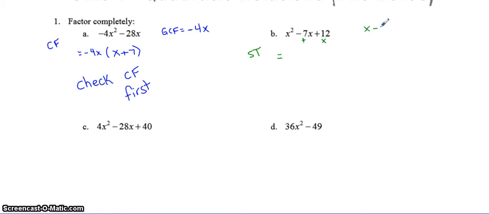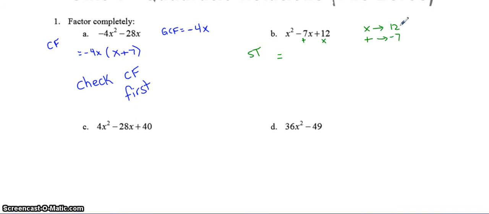So think, what multiplies to give 12 and adds to give negative 7? If you struggle with this, try to think of things first that multiply to 12 and then see if you can manipulate them to add up to negative 7.